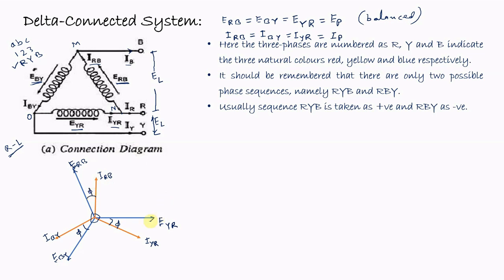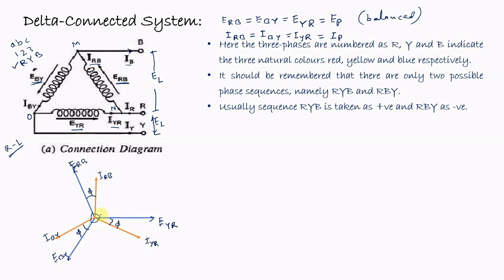Here we can see that as the phase angle between the phase voltages is 120 degrees, and the current in each phase lags the corresponding phase voltage by the same angle phi, therefore the phase difference between the phase currents will also be 120 degrees. That means the phase angle between IYR and IBY will be 120 degrees. Similarly, the angle between IBY and IRB is also 120 degrees, as well as the angle between IRB and IYR.